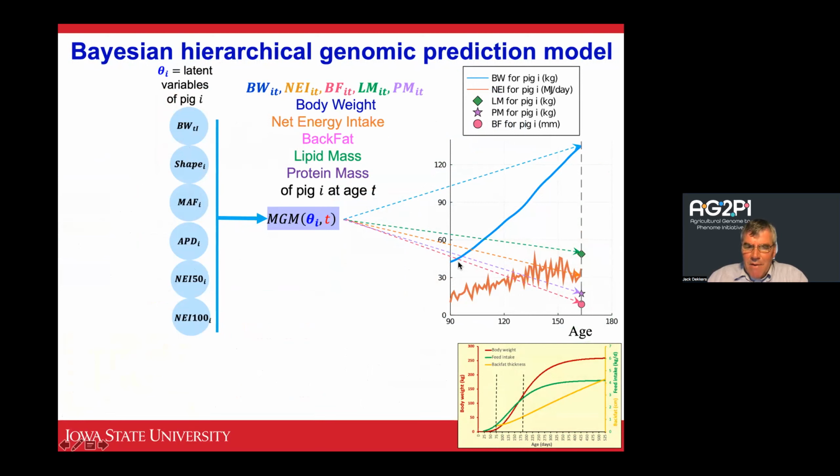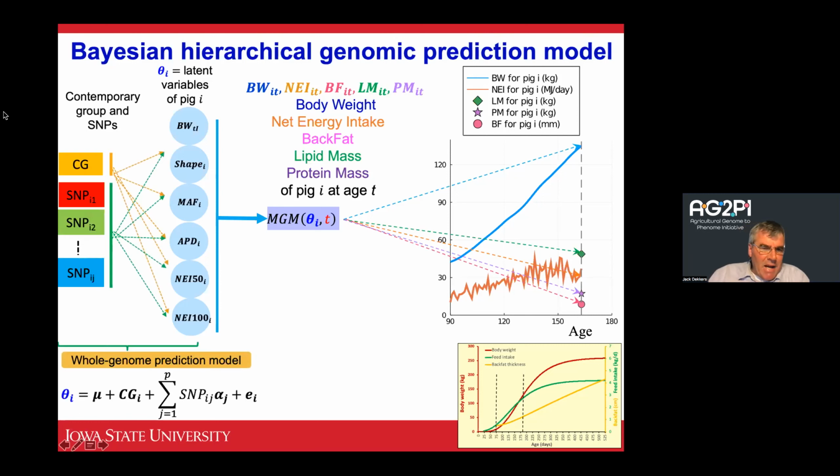Again, the data we have is body weight over time, net energy intake, and then carcass composition at just one time point. We again have the SNP effects as linear covariates, as well as contemporary group, as far as our ultimate outcome that we can use for genomic prediction.